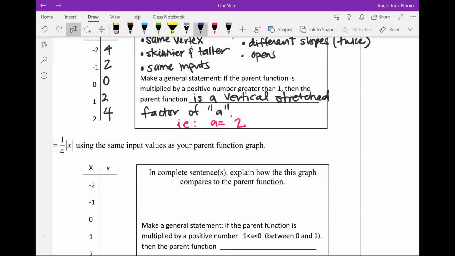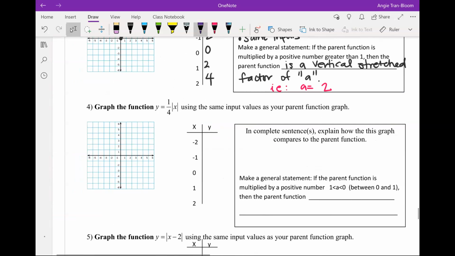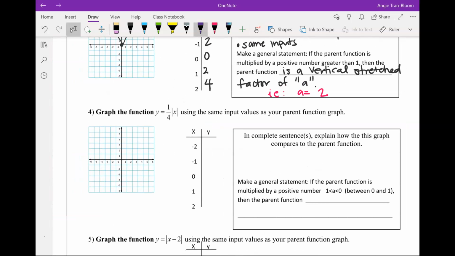Okay? Can a change anywhere from 1.5, 1.1 all the way to a million? Yeah, as long as it's positive and as long as it's bigger than 1. Then it's always going to be a stretch vertically because we're multiplying the y by a bigger number. Okay. All right, try exploration 4.